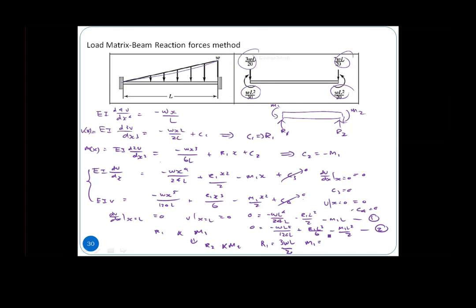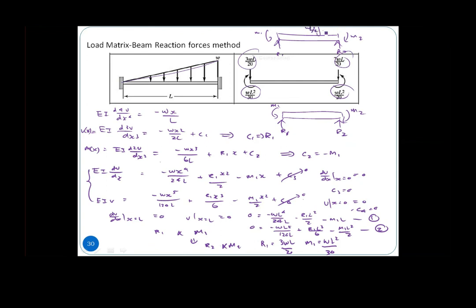M1 here will be WL squared over 30. So if you look back into this particular case, we have R1, we have this M1, and we have R2, M2, right? So the equivalent load using statics happens at this, which is WL over 2.